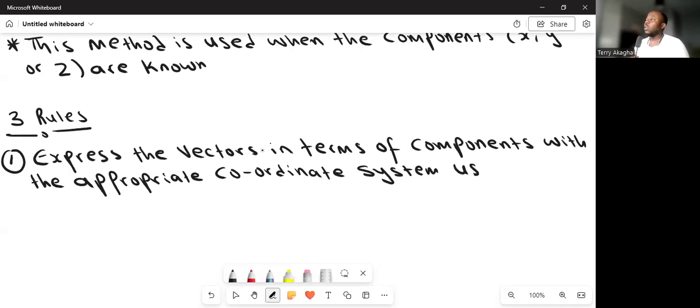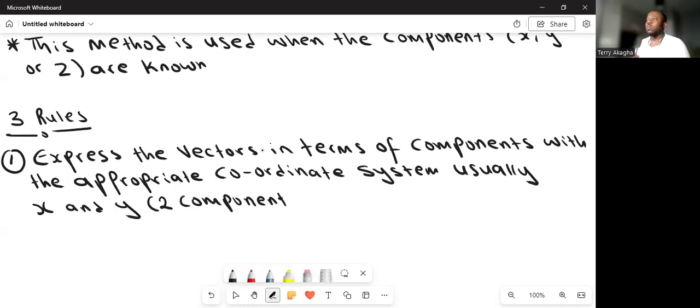If it's x and y, we're talking about 2 components here. Or if it's x, y, z, we're talking about 3 components.